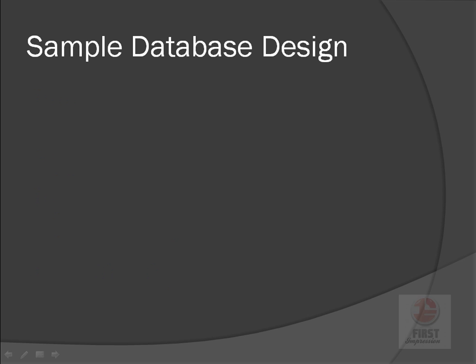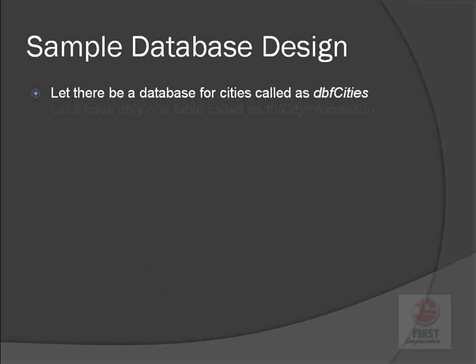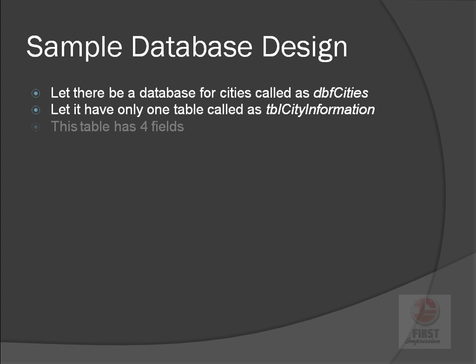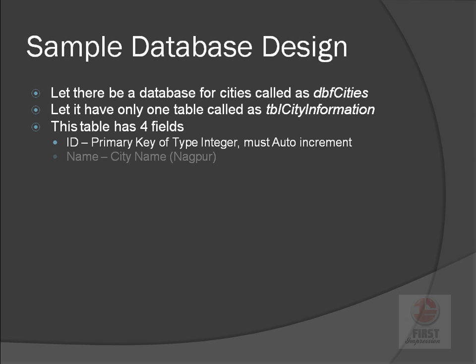Let's have a sample design of a database with us. Let there be a database called DBF cities, and let it have only one table called TBL city information. So we have one database. Inside that we have one table called TBL city information, and the table has 4 fields, say ID, name, code, and specialty.